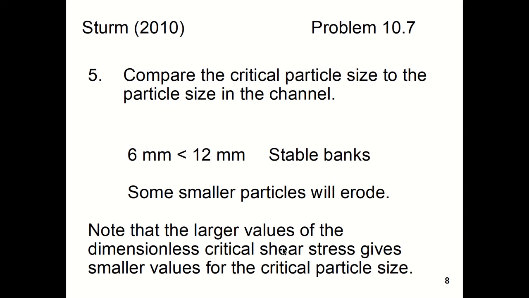So our calculated critical particle size, which we would expect to move, is less than the D50 in the channel. So we will have stable banks. Now some of the smaller particles, which are less than 6 millimeters, will erode. Note that the larger values of the dimensionless critical shear stress give smaller values for the critical particle size.